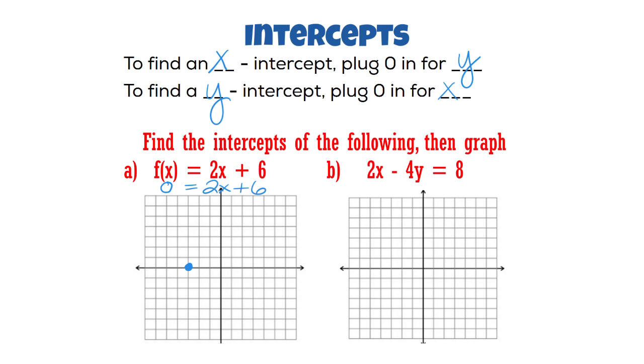Now my y-intercept is a little bit easier because I'm just going to plug 0 in for x, which is going to make this whole thing go away, and then my y will be equal to 6. So I have a y-intercept of 6. And then with those two intercepts, I can graph my line.